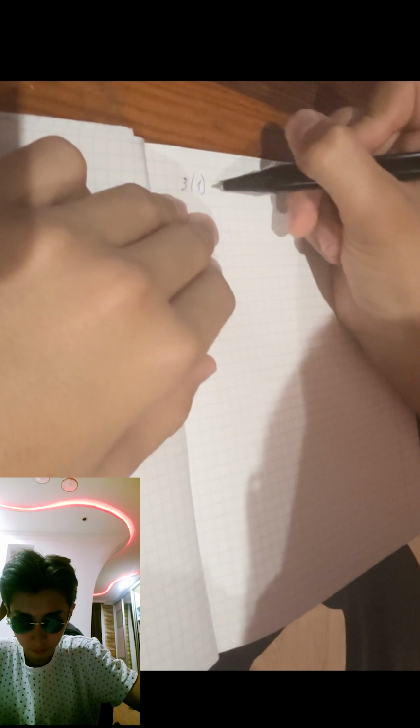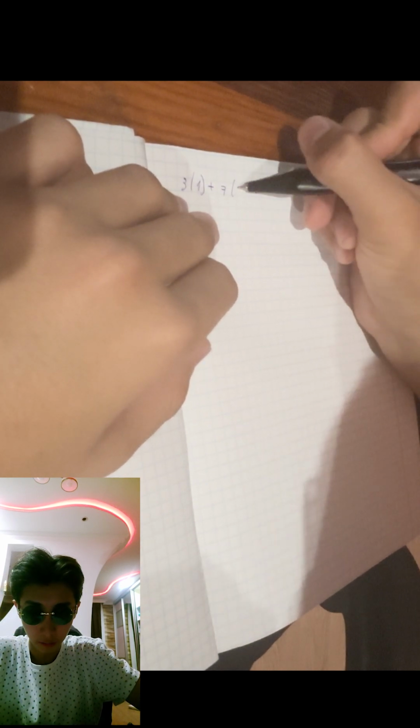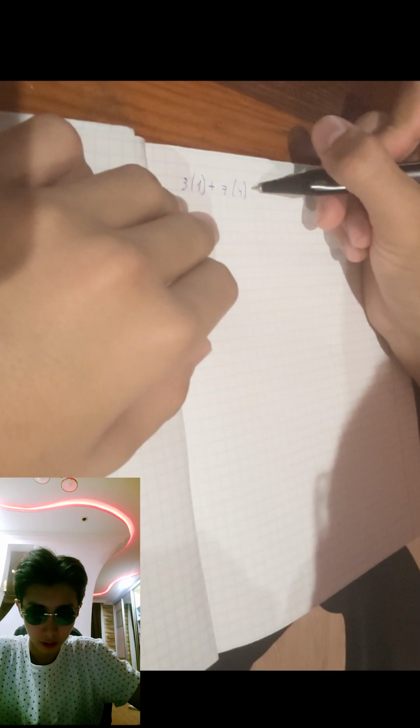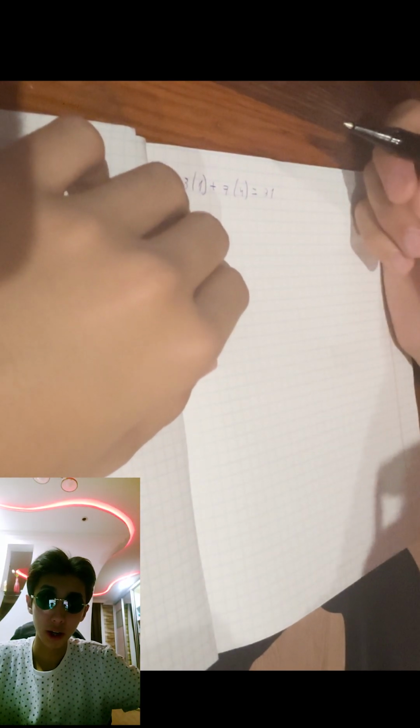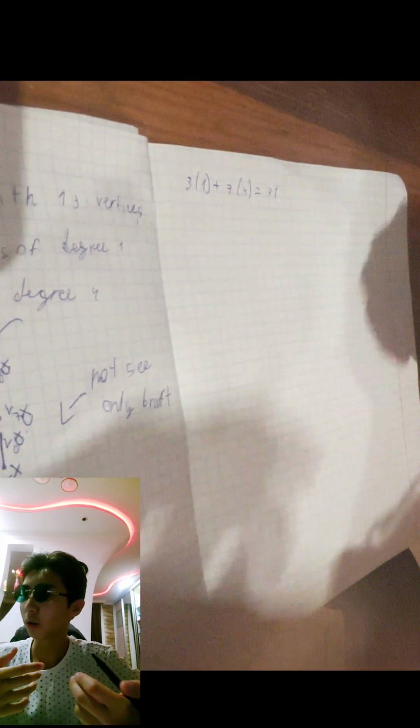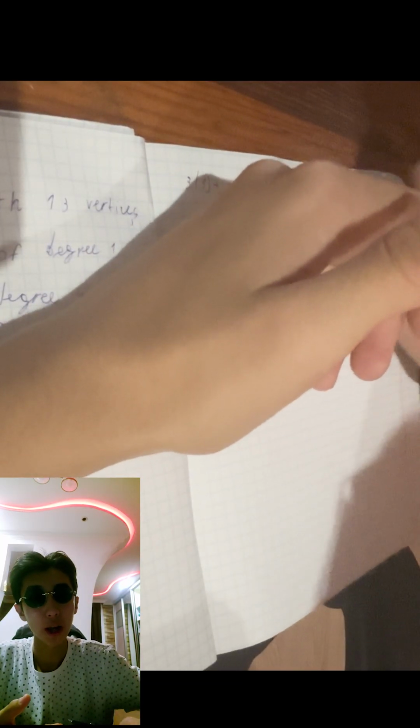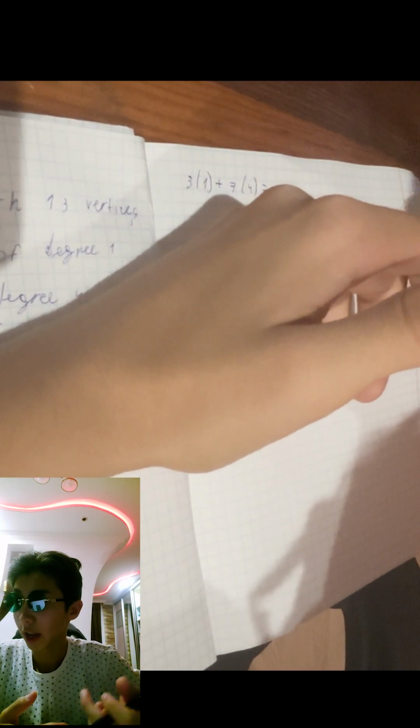We have 3 vertices with degree 1 plus 7 vertices with degree 4. By the formula of edges, the sum of all vertex degrees must equal twice the number of edges.